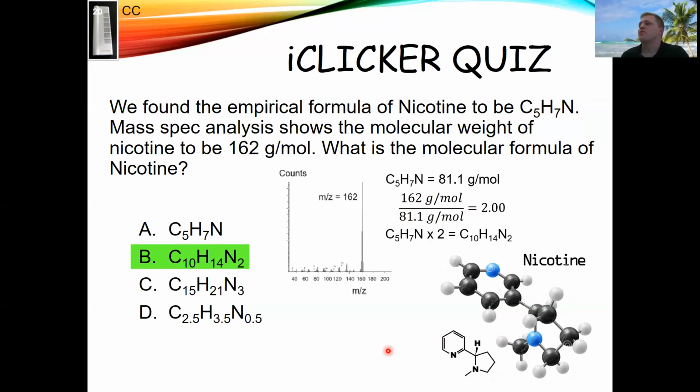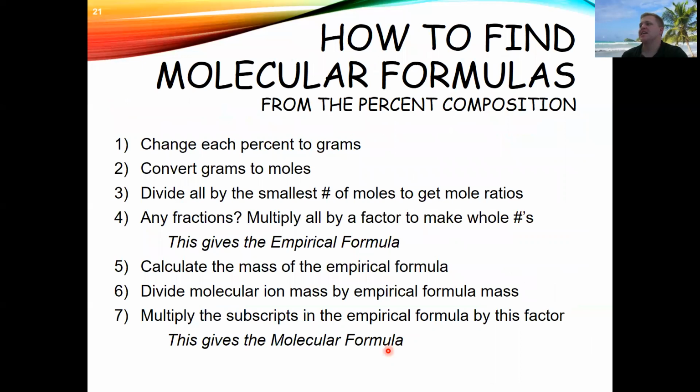All right. So we've gone through a lot of lists of steps. So let's summarize them all in one big long list of steps. If we want to find the molecular formula from the percent composition, how do we do that? Well, first thing we do is change each percent to grams, convert the grams to moles, divide all of those moles by the smallest number of moles to get our mole ratios.